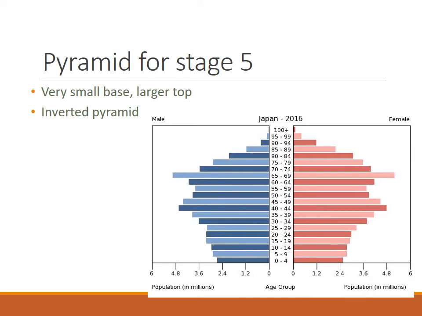Well, when those 90 people grow up and they give birth to 2 or fewer kids each, well, it's going to be even smaller, right? It's going to be 80 kids or something born and so on. And that size is going to keep getting smaller and smaller until Japan figures out a way to reverse that, if they do, right? This ends up looking sort of like an inverted pyramid, an upside down Christmas tree, or something like that.